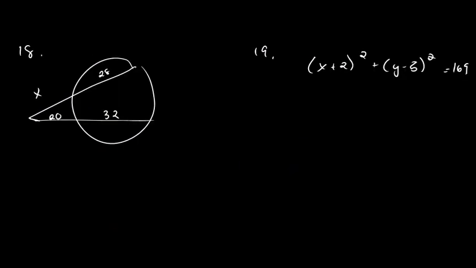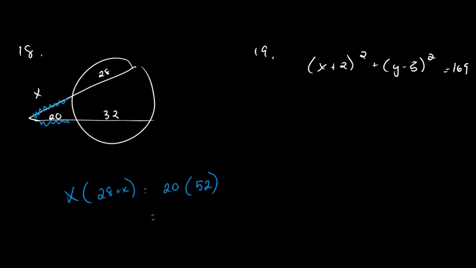Okay, number 18, it's very similar to 17 where you're taking the outside piece times the entire. So I need to take x times 28 plus x, and that should equal 20 times 22 plus 32 is 52.